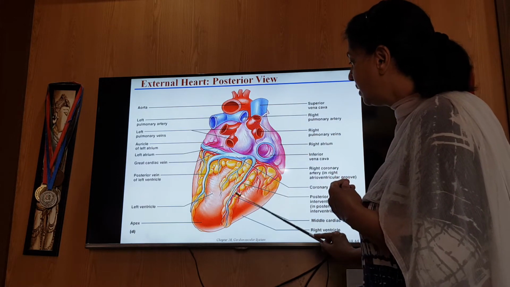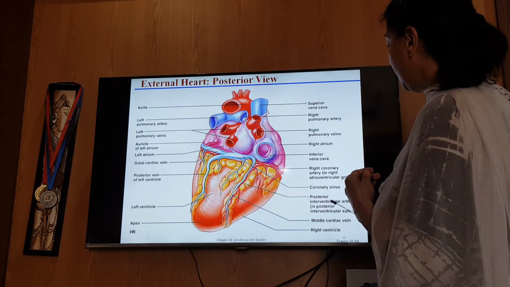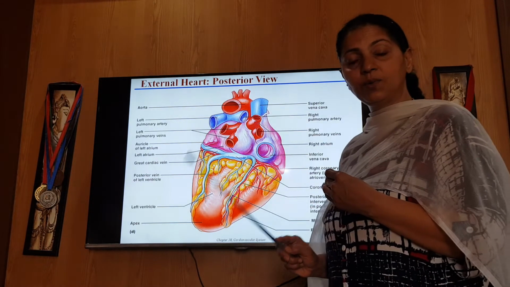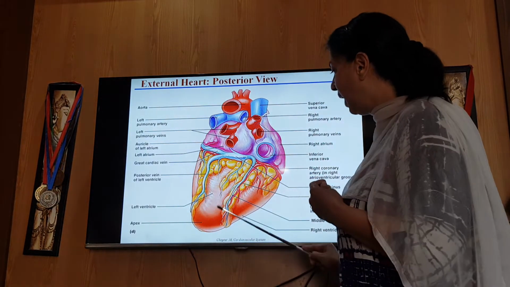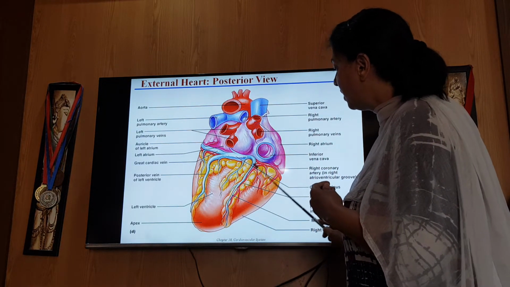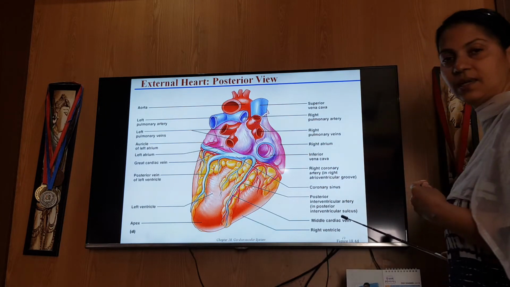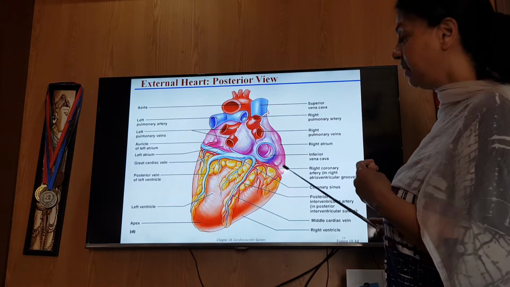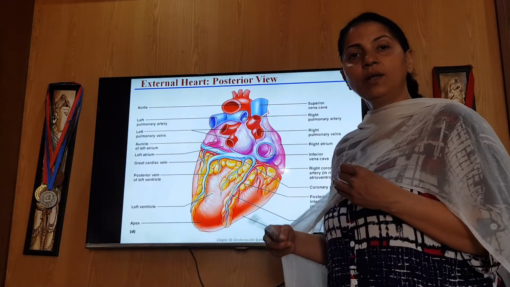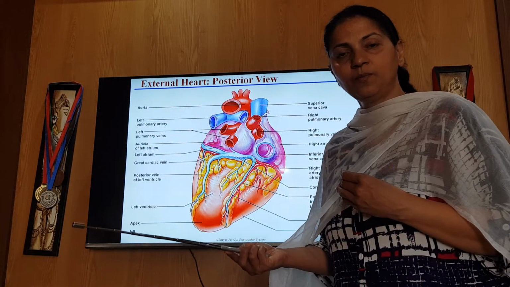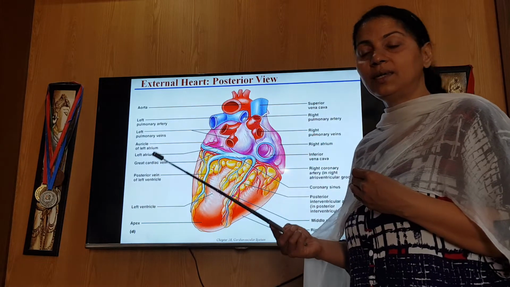So here the artery is posterior interventricular artery because it is present in the posterior interventricular groove, and the vein which is accompanying it is middle cardiac vein. As I've told you, the counterpart of this middle cardiac vein on the anterior aspect was the great cardiac vein.